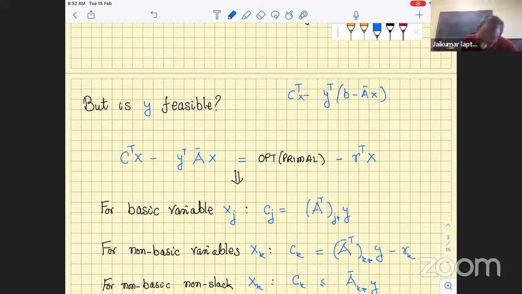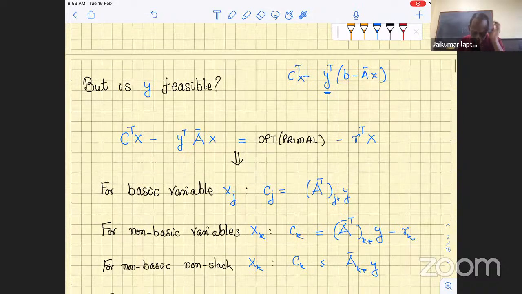We know that when we choose this value of y, this quantity becomes equal to this quantity, if I understood right. So I should actually have written something like this here instead of A bar X, and this should have been a plus, I think.